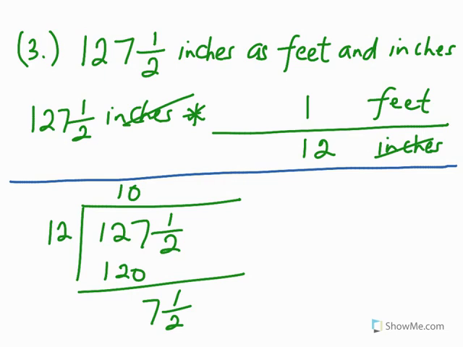I'm sorry. It's 127.5. Okay? Then when you subtract 120 from 127.5, it gives you 7.5. So the quotient 10 becomes our feet. And then the remainder 7.5 becomes our inches. That becomes our answer.